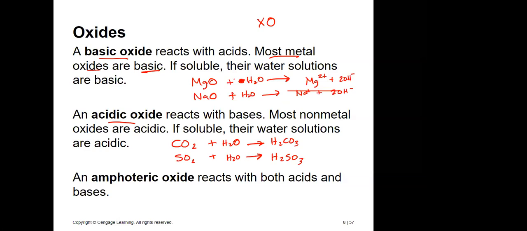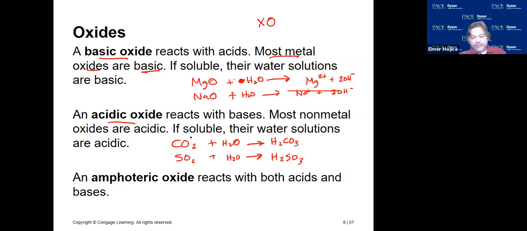So when you have an oxygen attached to another non-metal, when you react it with water, usually you produce an acid. So that's an acidic oxide. If you have a metal with an oxygen, you form a basic oxide.